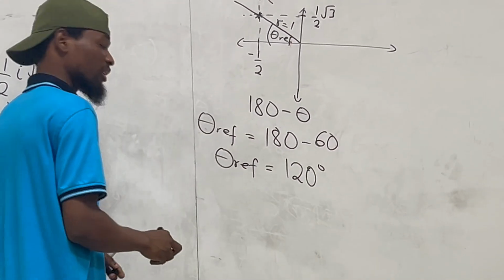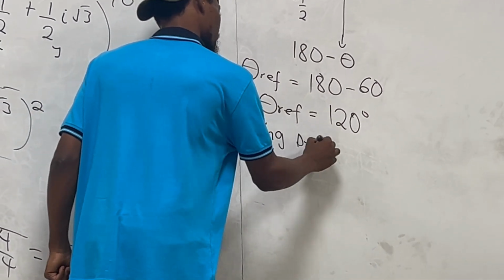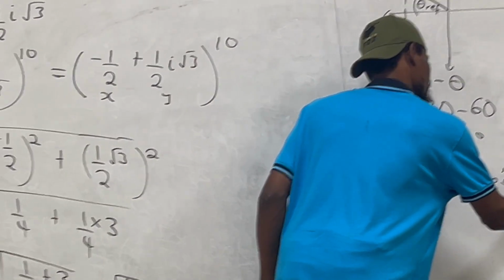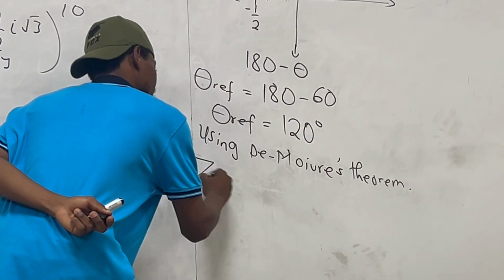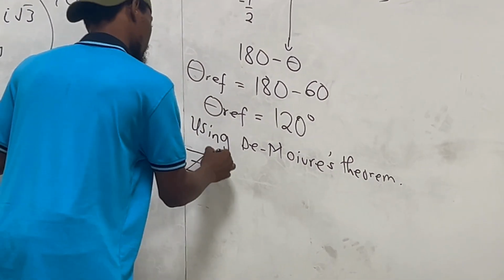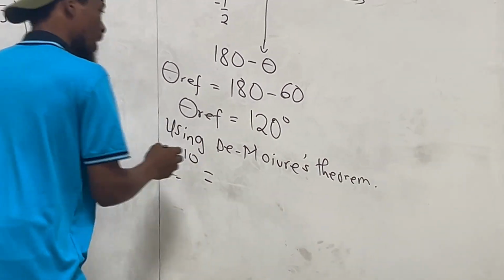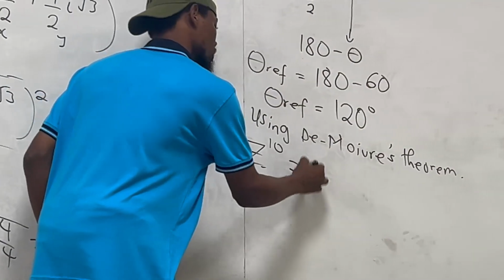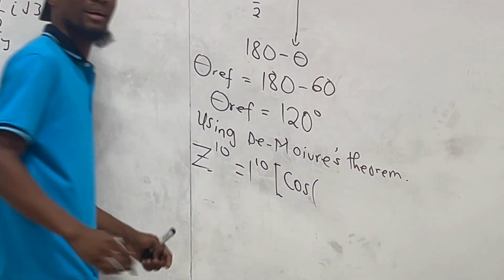Now employing De Moivre's theorem, the complex number z raised to the power 10 is equal to my modulus r raised to the exponent n, and my modulus r is 1, so 1 to the power 10, then cos of n times theta.